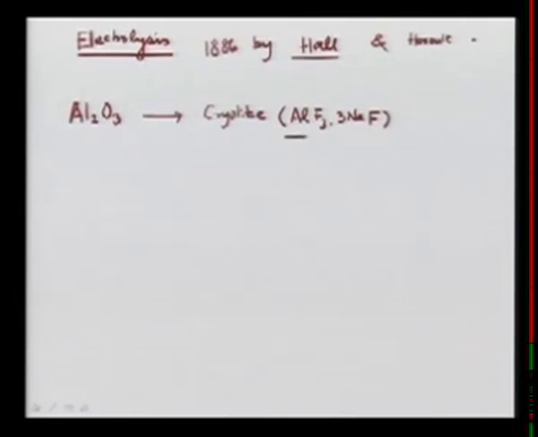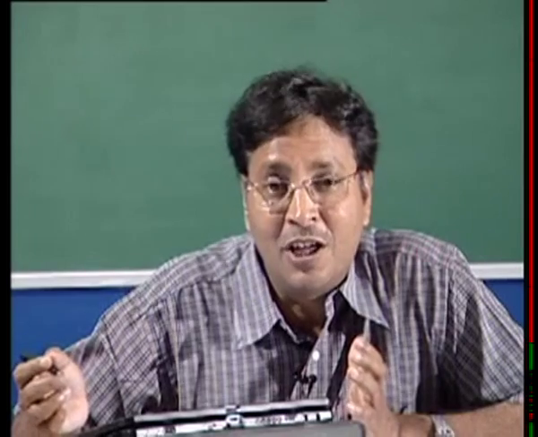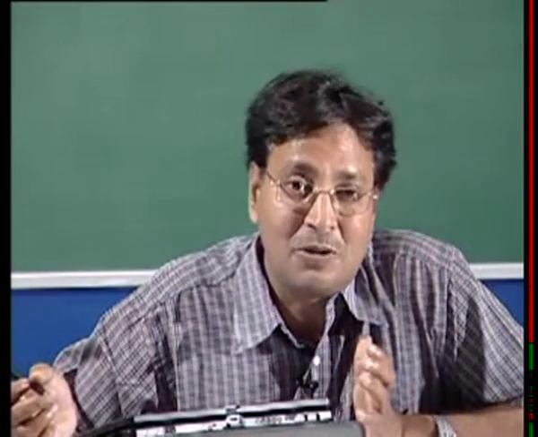This is the cryolite. They said if they could dissolve Al2O3 in molten cryolite, then when something is dissolved, the electrolysis process can be used.